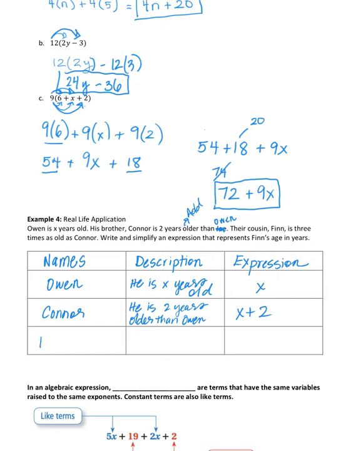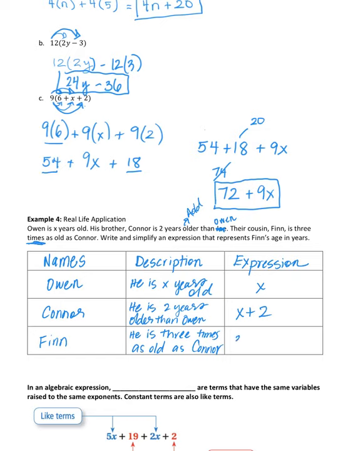And lastly, we have cousin Finn, that we were told he is 3 times as old as Connor. All right, so if you're 3 times as old as something, it's right there, times, multiplication.